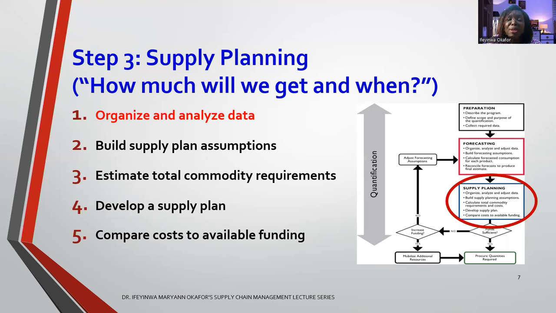The first step in supply planning is organize and analyze data. The second step is build supply plan assumptions. The third, estimate total commodity requirements. The fourth, develop supply plan. The fifth, compare costs to available funding.